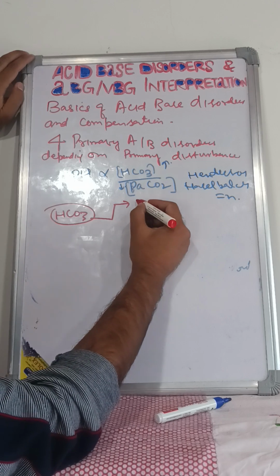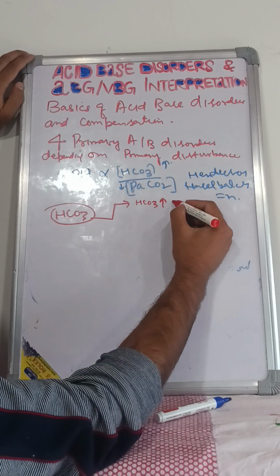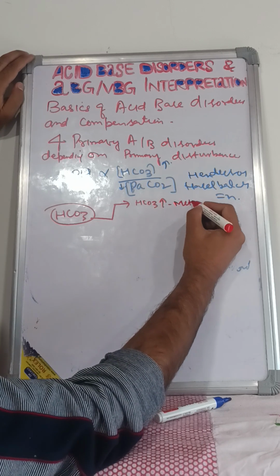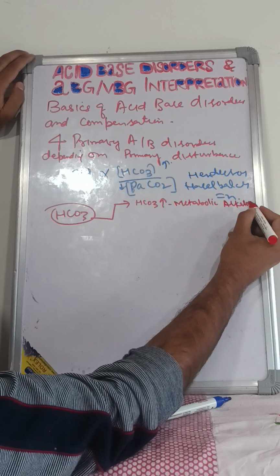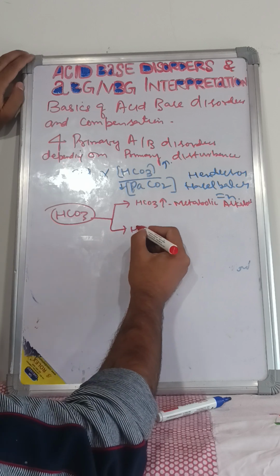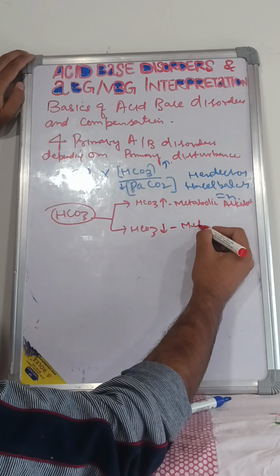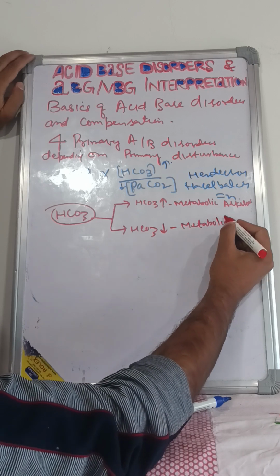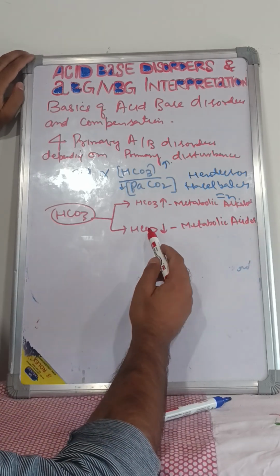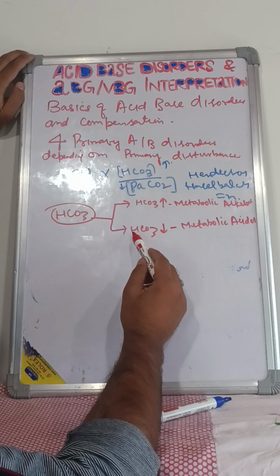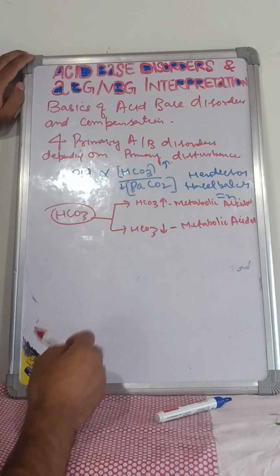When bicarbonate increases, this is called metabolic alkalosis. And when bicarbonate decreases, this is called metabolic acidosis. So metabolic acidosis is a decrease in the concentration of bicarbonate in blood, and metabolic alkalosis is an increase in the concentration of bicarbonate.